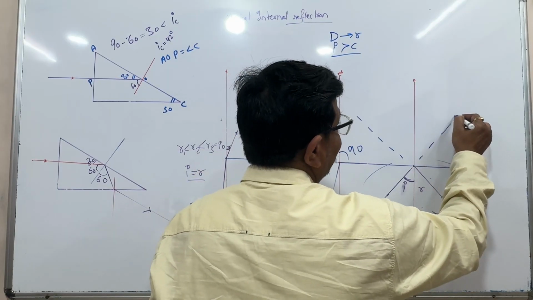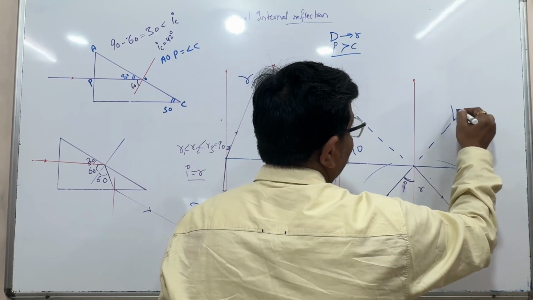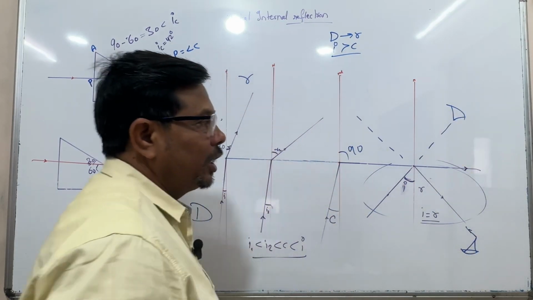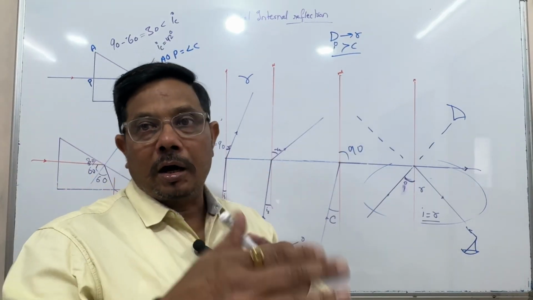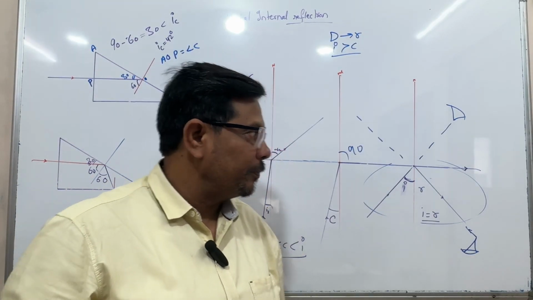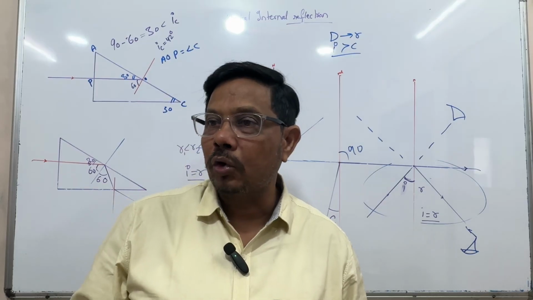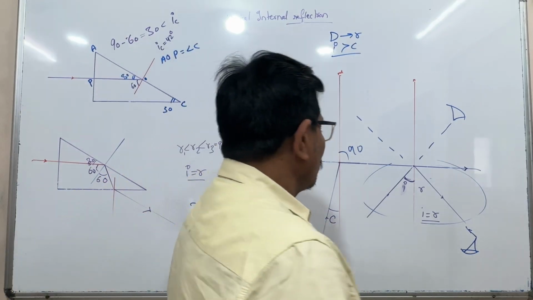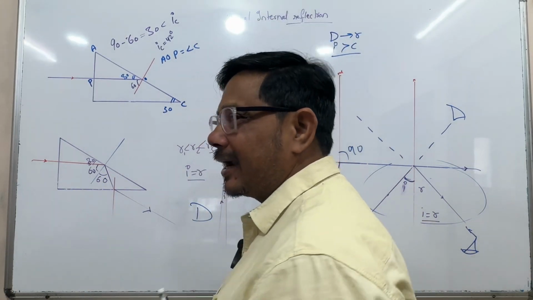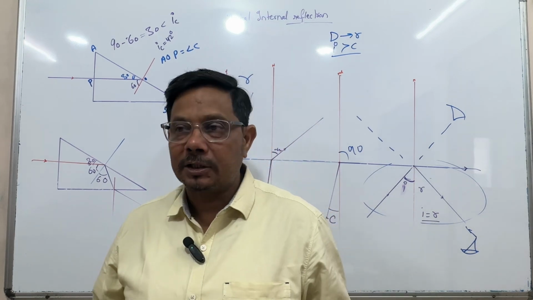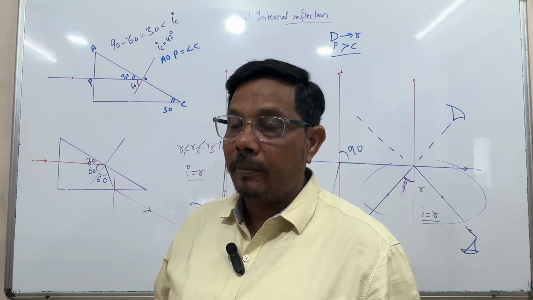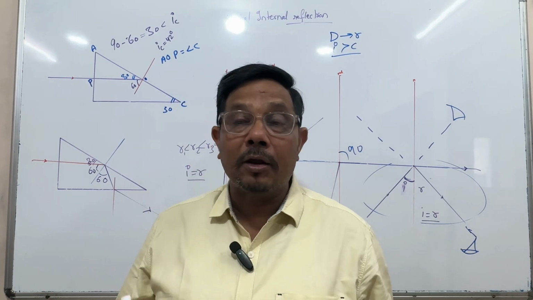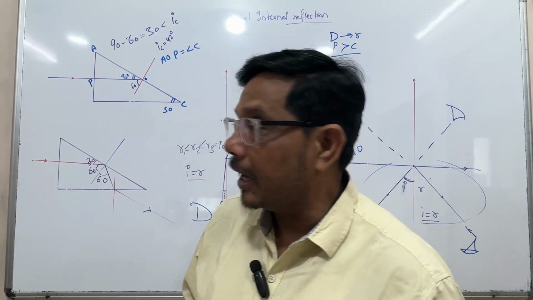So you can see, this way, the reverse of the ship. This is also an example of total internal reflection. So total internal reflection has the main conditions: light must travel from a denser to a rarer medium, and the angle of incidence should be greater than the critical angle.